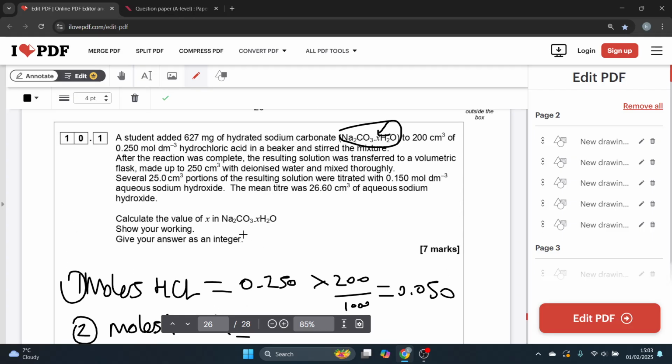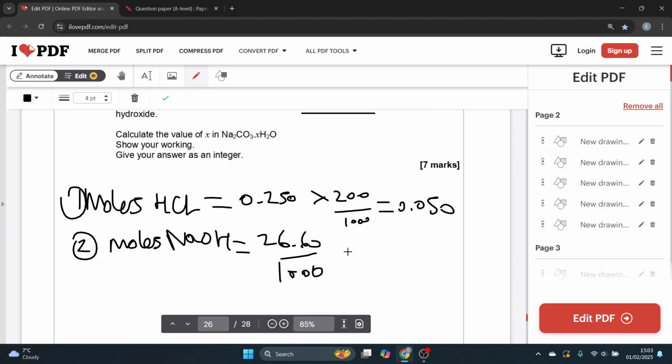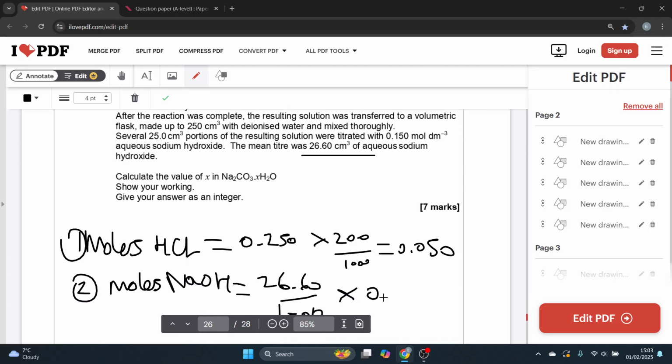Then work out the moles of sodium hydroxide, which is going to be the mean titre times by 0.150, which will give me 3.99 times 10 to the power minus 3.